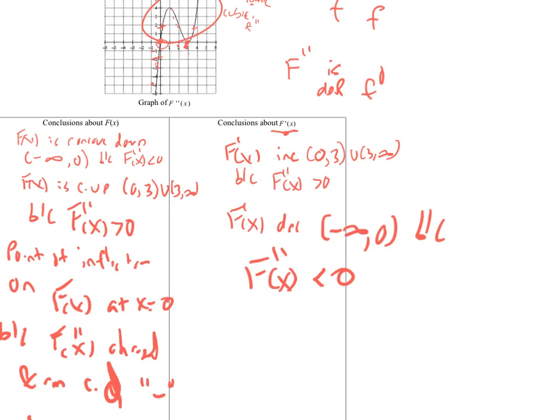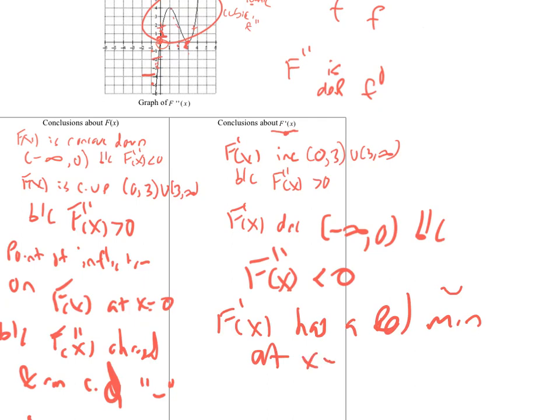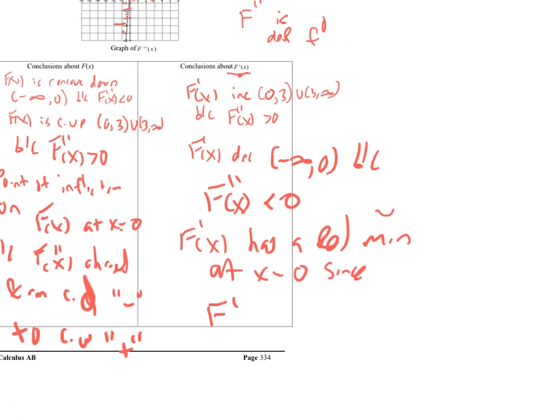But at x equals 0, let's see, f prime of x went from negative to positive, so it has a relative min at x equals 0 since f double prime changed from less than 0 to greater than 0.